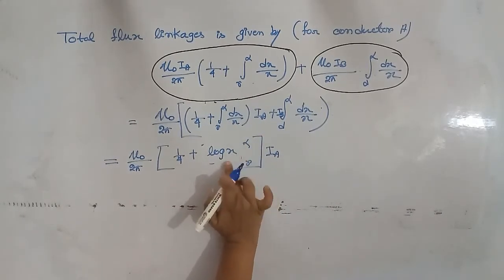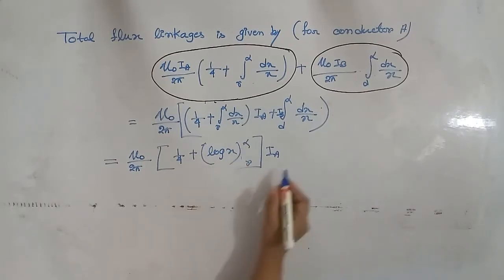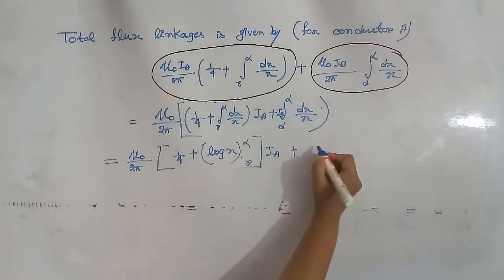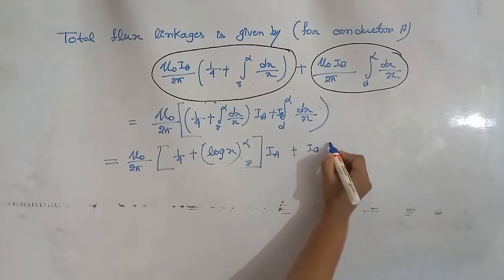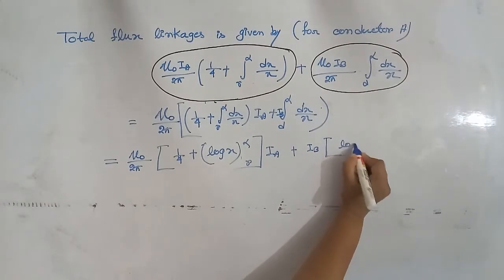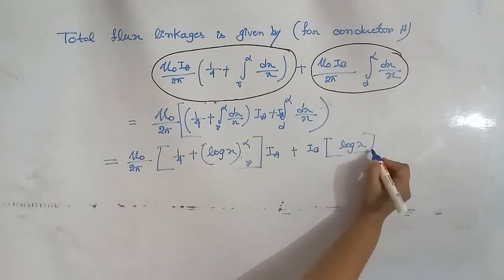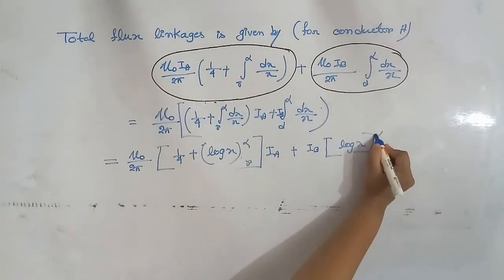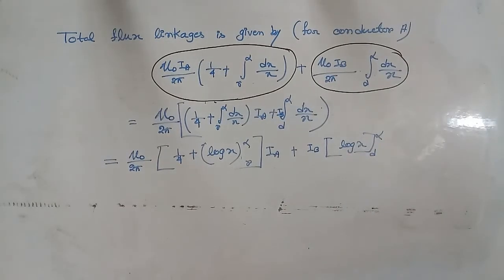We put this in a first bracket with IA, and this can be written as log x with limits from d to infinity.